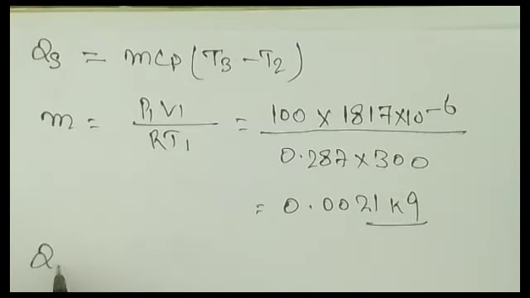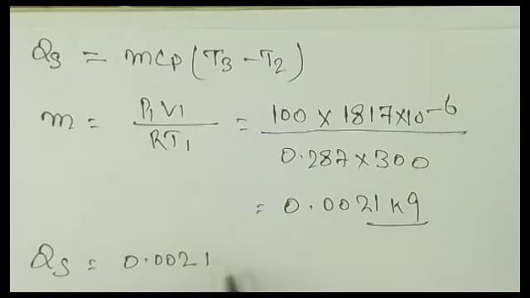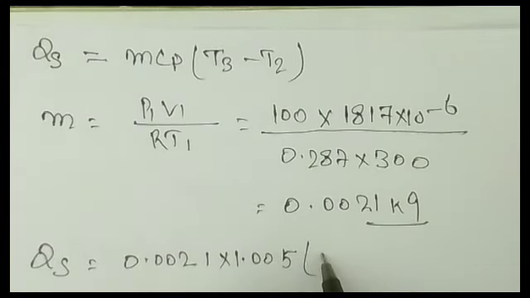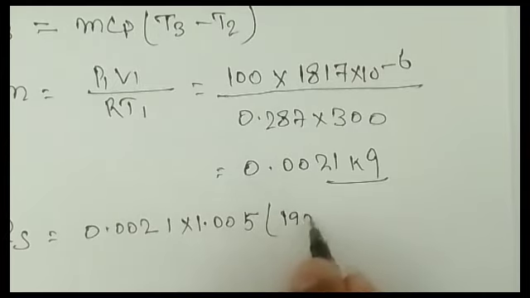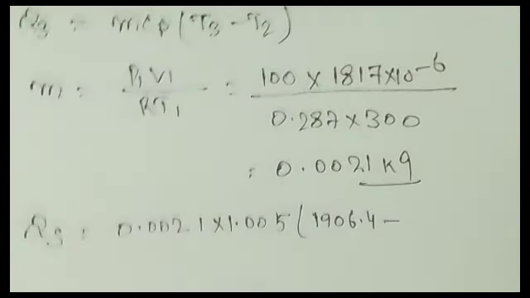Then heat supplied Qs is equal to mCp, that is 0.0021, Cp is 1.005, and T3 is 1906.4 minus T2.